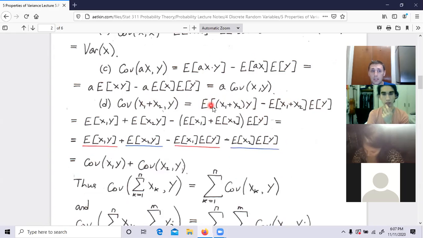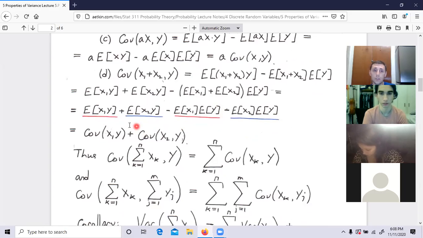So this part I can write as the expected value, which is additive, right? So I can write it as the expected value of x1y plus expected value of x2y minus, here I can expand this part, so it's minus this product, which when I distribute, you observe that the red part is the expected value of x1y, the blue part is the expected value of x2y.